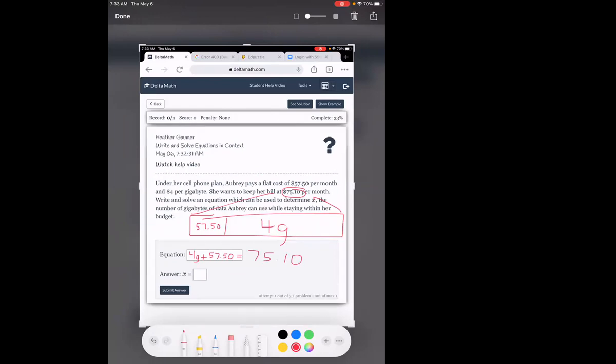All right, we will subtract the $57.50. If I take $75.10 minus $57.50, I'm going to get $17.60 is equal to 4G. Divide both sides by 4, and I get $4.40.